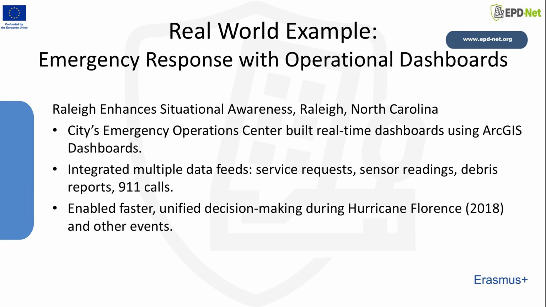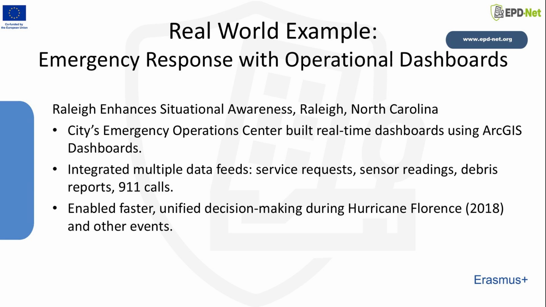The city of Raleigh in North Carolina built a real-time operational picture using ArcGIS. Their Emergency Operations Center integrated multiple data streams, service requests, sensor readings, debris reports, and 911 calls, all into one dashboard. This system allows the city to immediately understand where impacts are happening and how conditions are evolving.